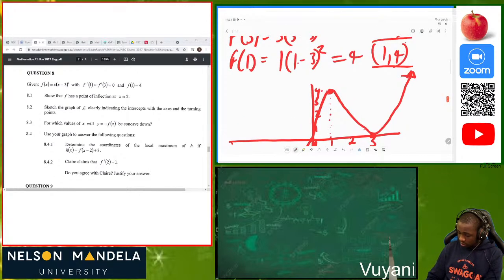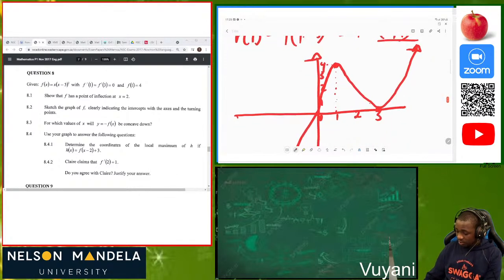Okay, so this is our function, guys. We have (1, 4) here, we have (3, 0), and we have (0, 0). Please, guys, if you have any question, do ask. I am willing to answer you.